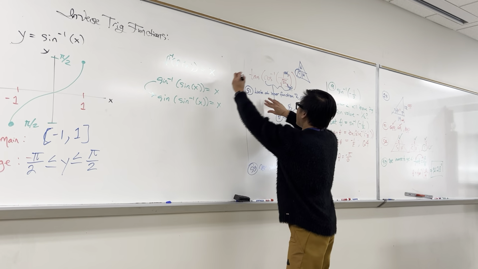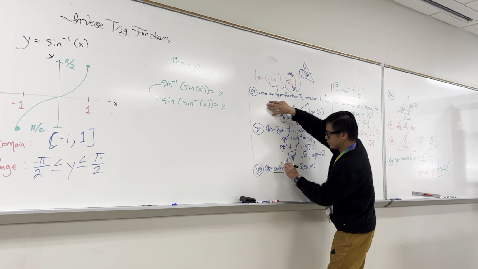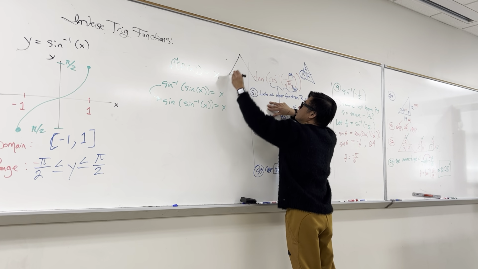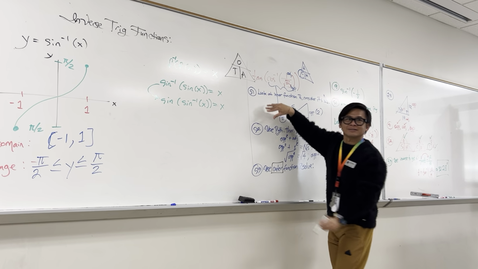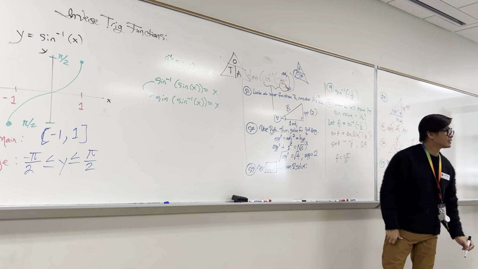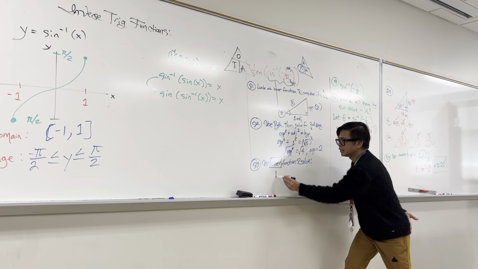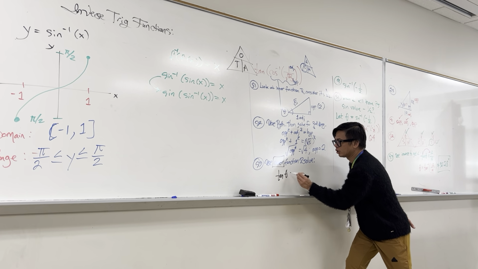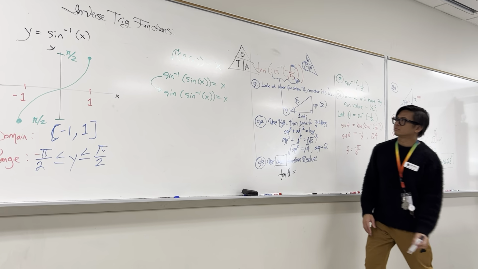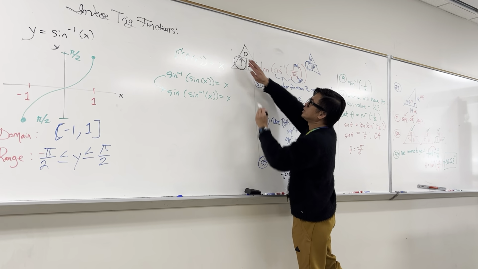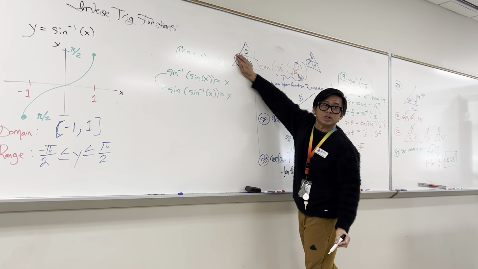According to my outer function, I'm going to use the triangle that says TOA. Get it, guys? What does it say there? The tangent of angle theta is equal to opposite over adjacent.